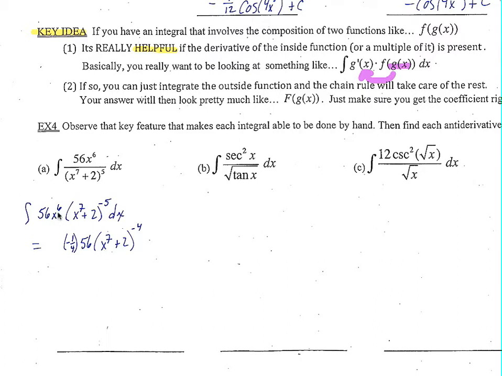I got my x to the 6th up here, but I have to balance the 7, so we'll put a 1/7 there, and the final answer is negative 2, and we'll get rid of the negative exponent when we write our final answer, x to the 7th plus 2 raised to the 4th, and we remember the plus c at the end.